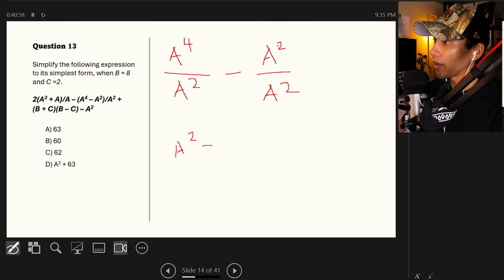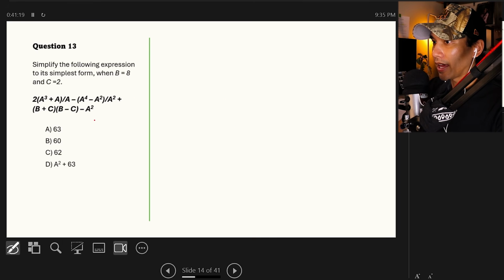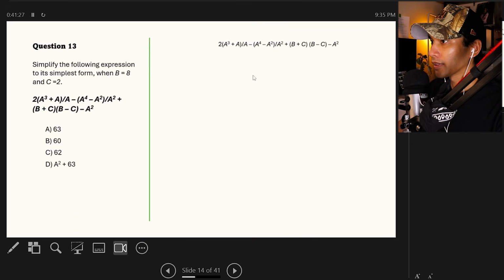Minus a squared over a squared is just what? 1. We're done. And then we replace the b's and c's with the 8 and the 2, I mean the 2's with the c's. I got that mixed up, but you get what I mean. And then we solve. So let's see what I have for you.